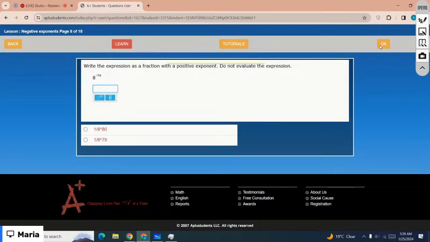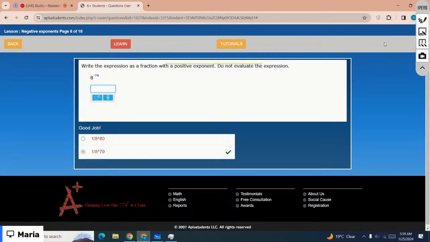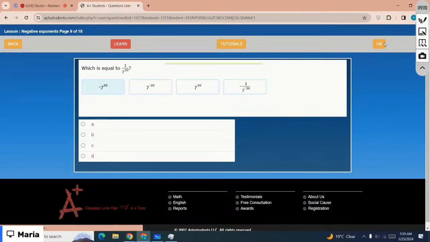You can make the exponent positive by writing it in the denominator, right? So that would be 1 over 8 exponent 79. Option number 2 is the correct option, right? You can make the exponent positive by writing it into the denominator.